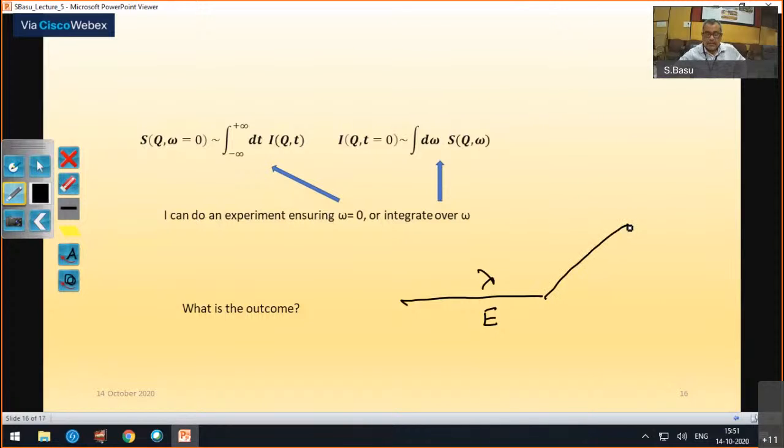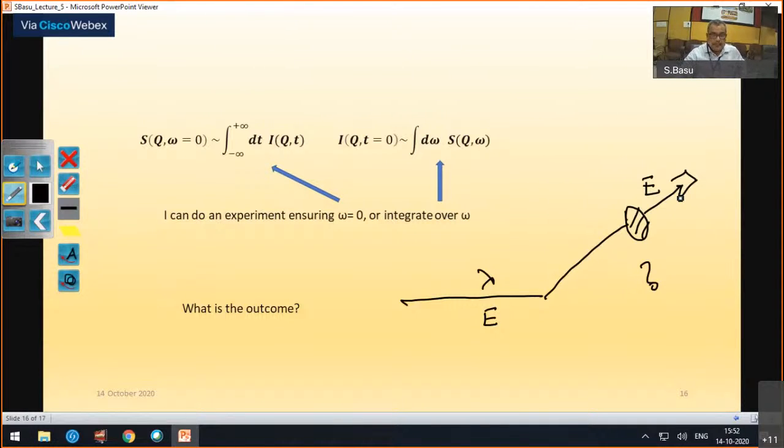It goes in some direction. I don't know the energy, but I put a filter here. I ensure that the neutron goes out with an energy E, and then it is detected in a detector. This is one experiment. I have ensured omega equal to 0.